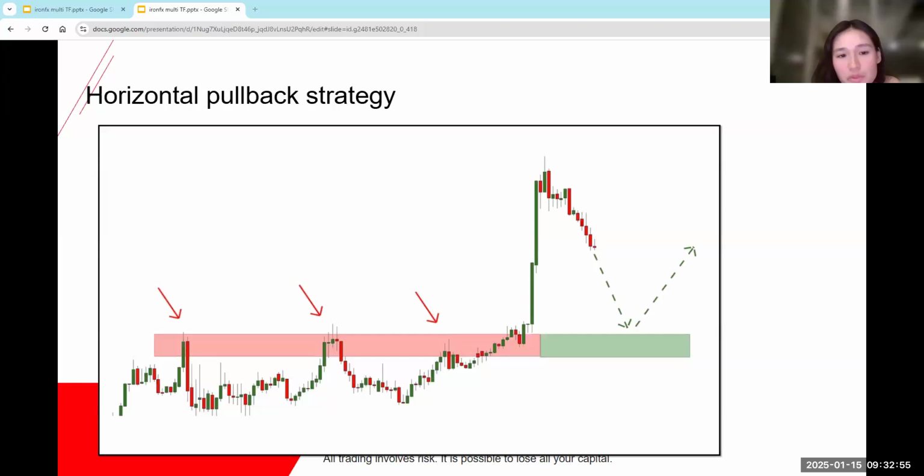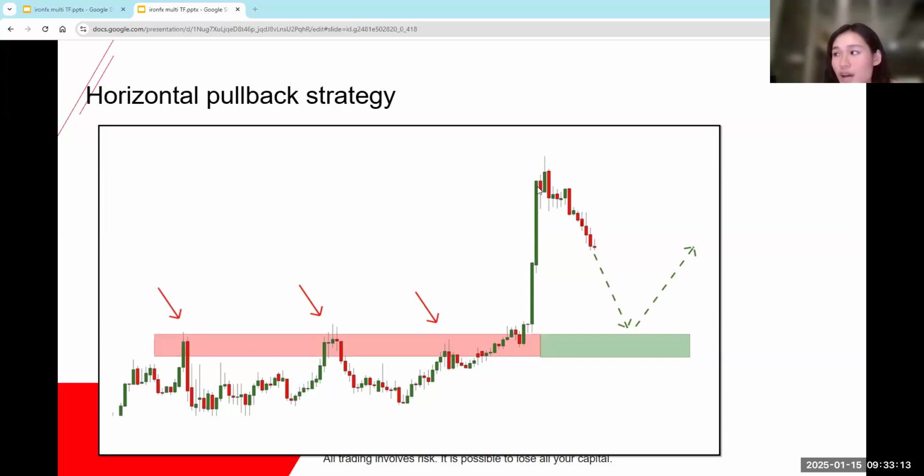So horizontal pullback is basically when price has already broken out of a resistance or a support level. Here we have three swing highs that line up nicely in this resistance, but price has broken out of this level.